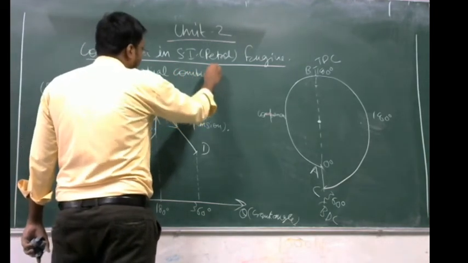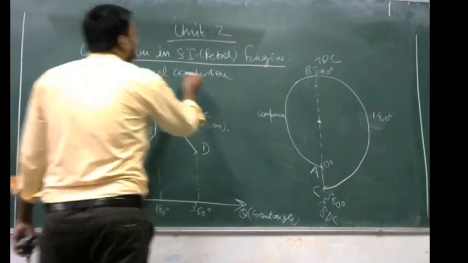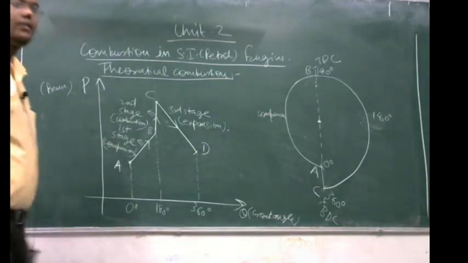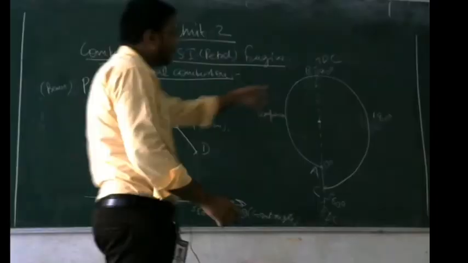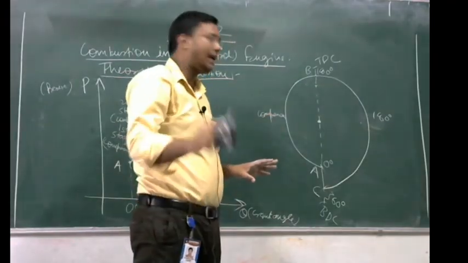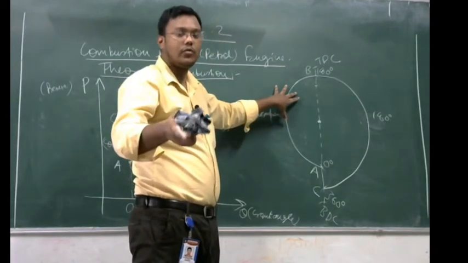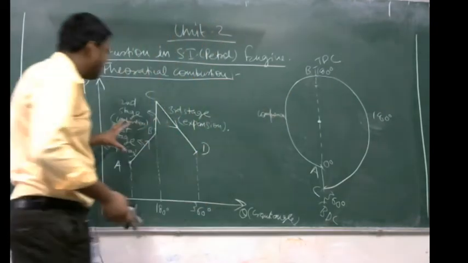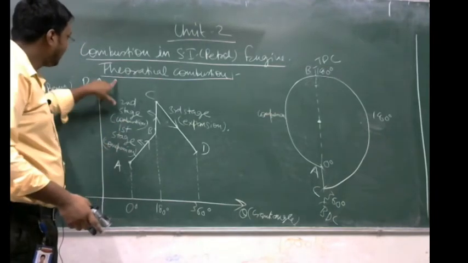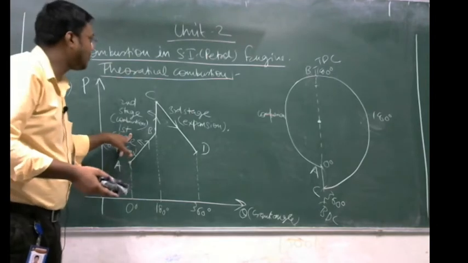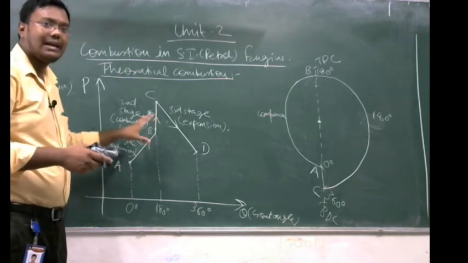Actual combustion will be different, because actual valve timing is different. You have studied the theoretical valve timing diagram and the actual valve timing diagram. So here also we have to study the theoretical combustion process and the actual combustion process. The actual combustion process also involves 3 stages, but they are different.